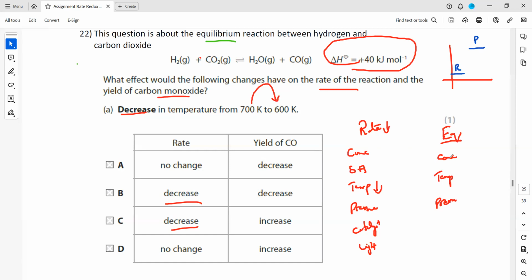For an endothermic reaction, if we decrease the temperature, the equilibrium will shift toward the left-hand side and the yield will decrease. If we increase the temperature, the equilibrium will shift towards the right and the yield will increase. As we are decreasing the temperature, we get more reactant, so the amount of product, carbon monoxide, will decrease, or the yield will decrease. That's why B is the valid answer.